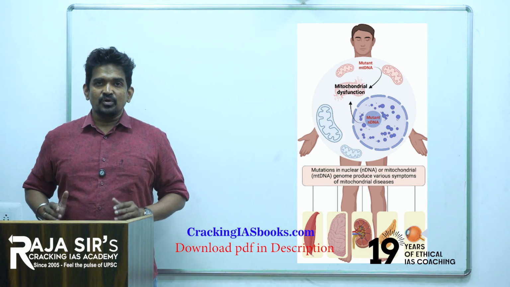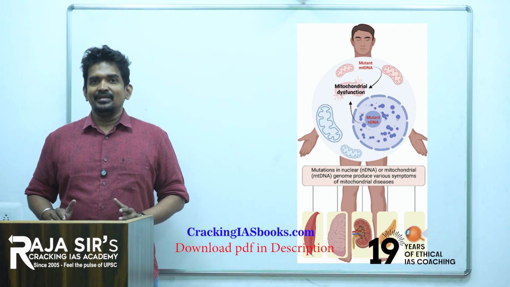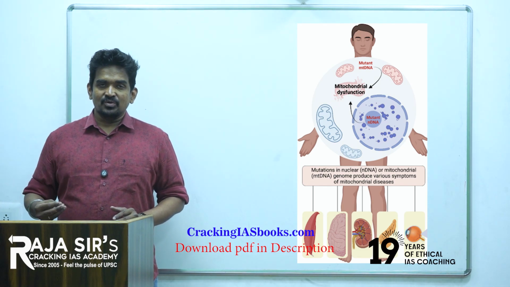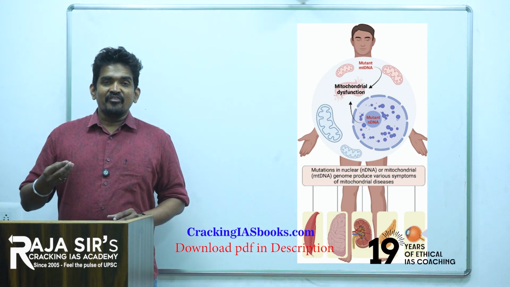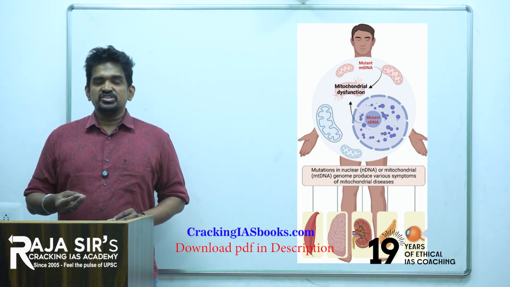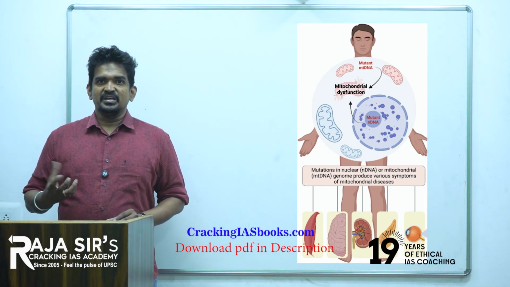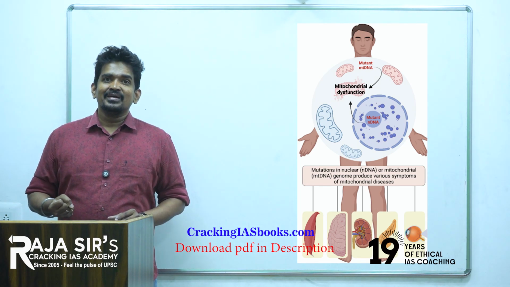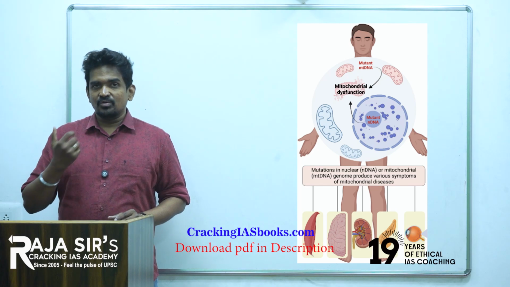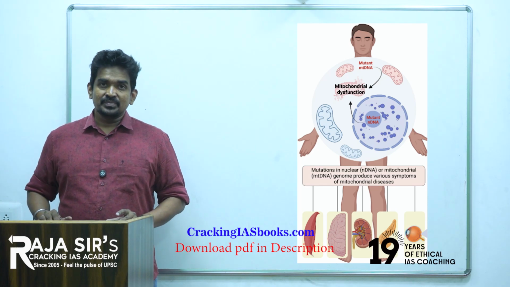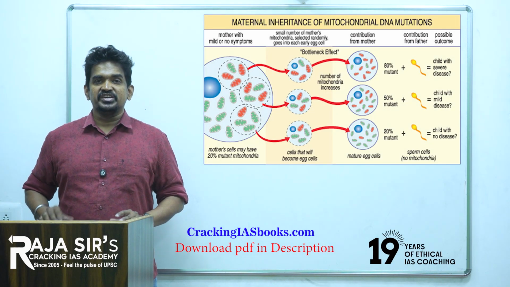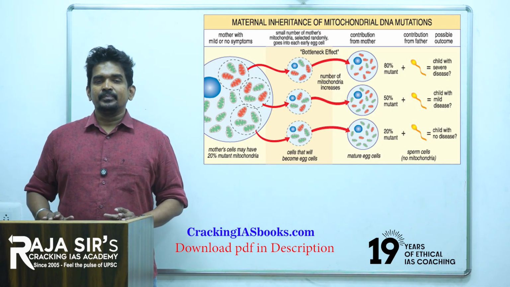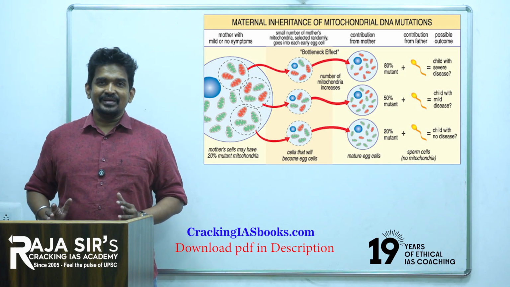Since mitochondria are the powerhouse of the cell, the energy producers of the cell, any defect in them will affect the crucial functions of the body: the nervous system, the respiratory system, and many vital functions that need to be performed will get affected when this mitochondrial mutation happens. These mitochondrial diseases are generally inherited through the mother and not through the father, right? Fine. So this is about mitochondrial disease.